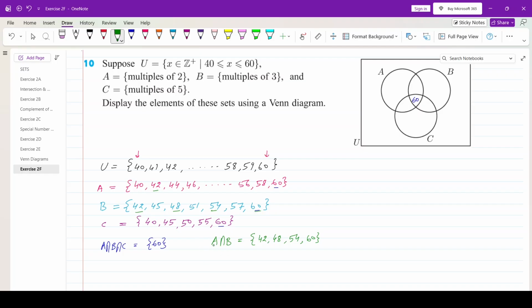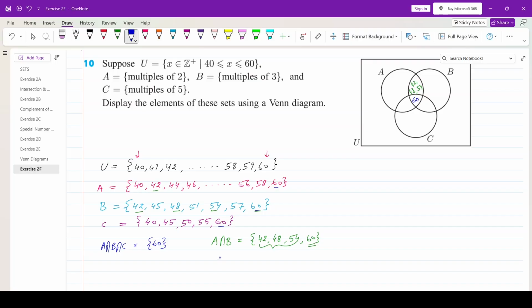Therefore, in A intersection B, which is this part, we have already written 60 over here. So the remaining 3 will go in this part. So 42, 48, and 54 will be here.